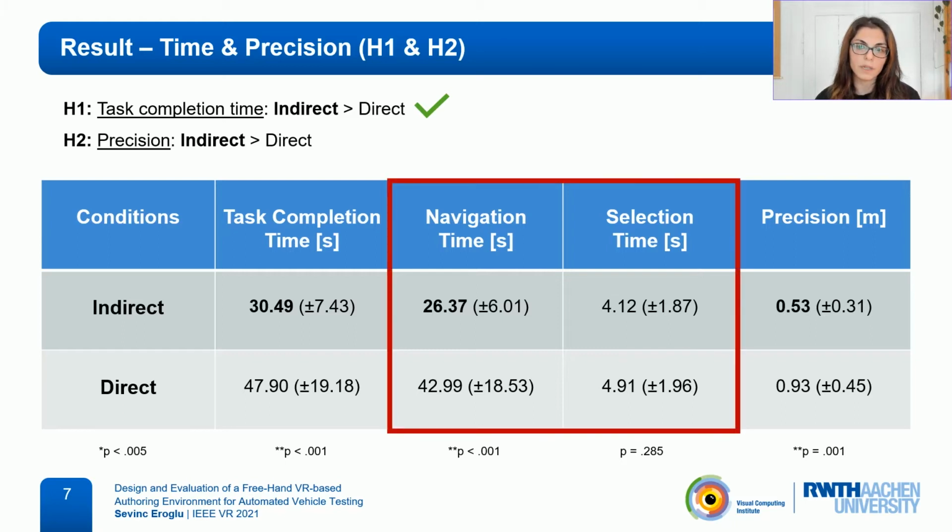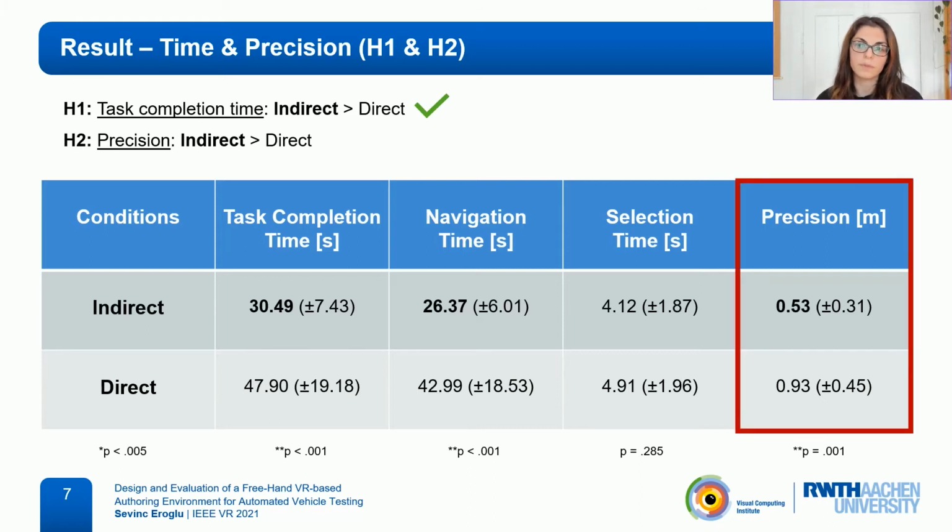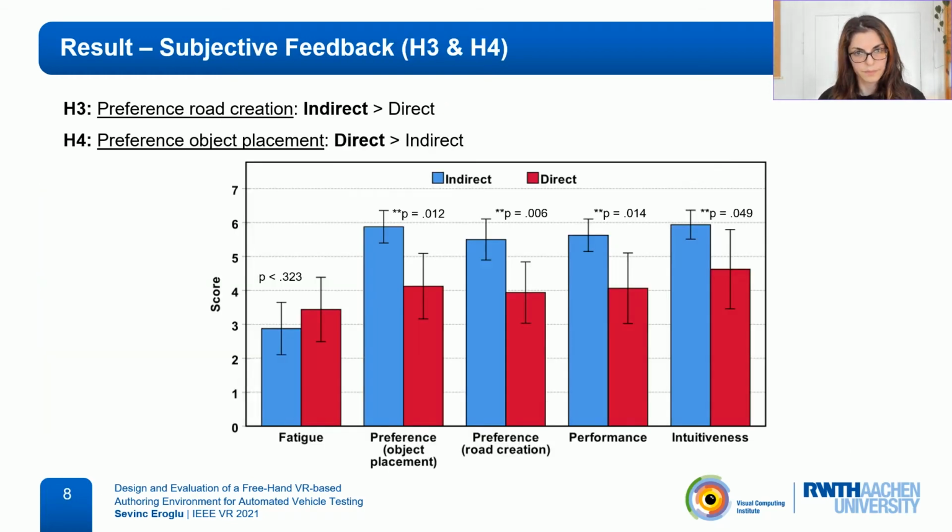And we observed that there is no significant difference between the selection techniques, while the travel technique in the indirect condition significantly outperformed the technique in the direct condition. This result indicates that the overall task completion time is affected by the navigation rather than the selection technique. Concerning our hypothesis 2, we found a significant difference in terms of precision, so we can accept our hypothesis.